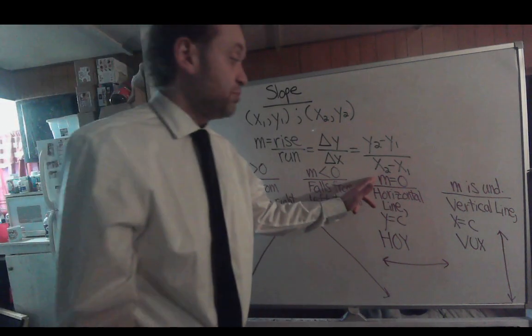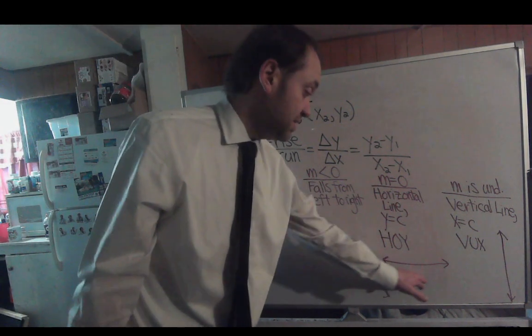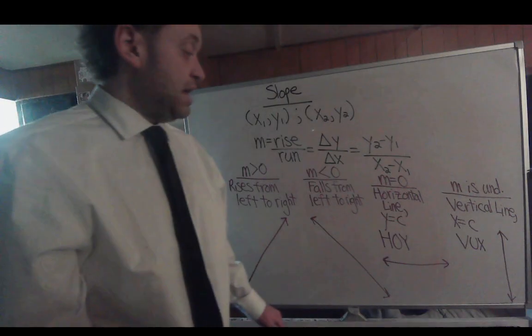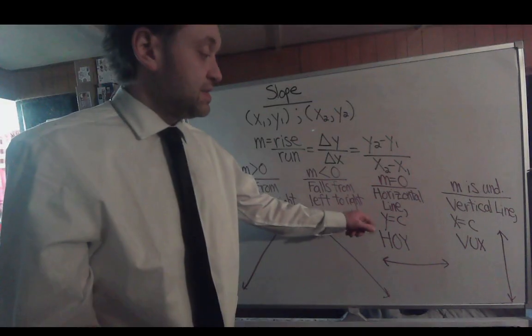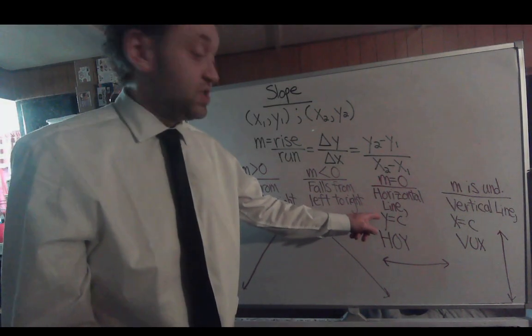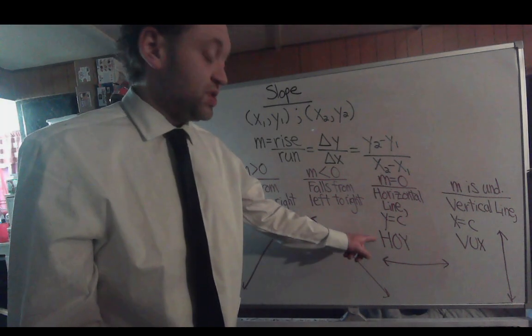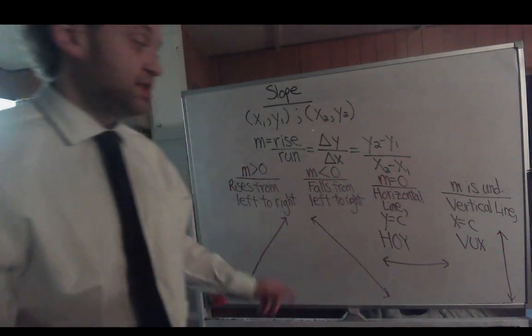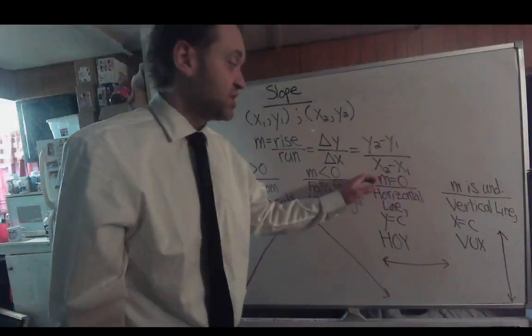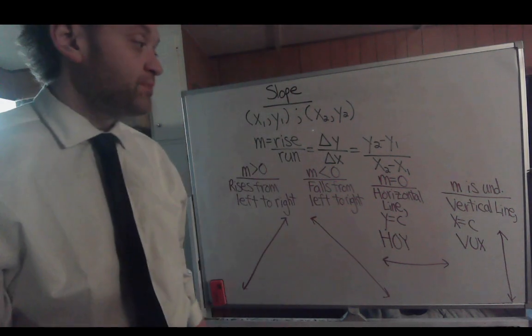Now if the slope itself is 0, you have a horizontal line, like you see here. The equation of a horizontal line is going to be y equals some constant. So if you remember, horizontal line, 0 slope, y equals. You get a straight horizontal line.